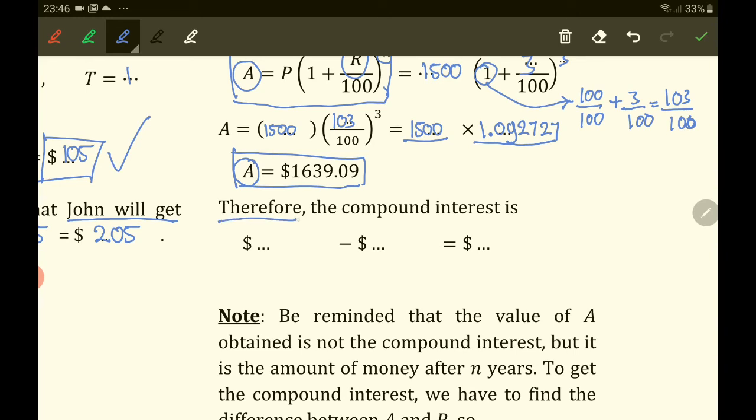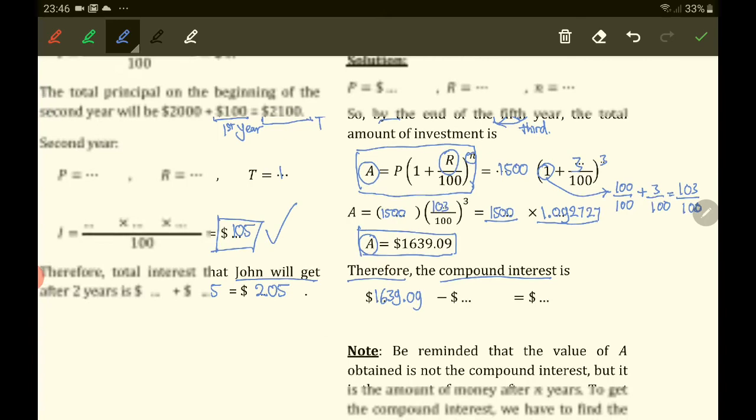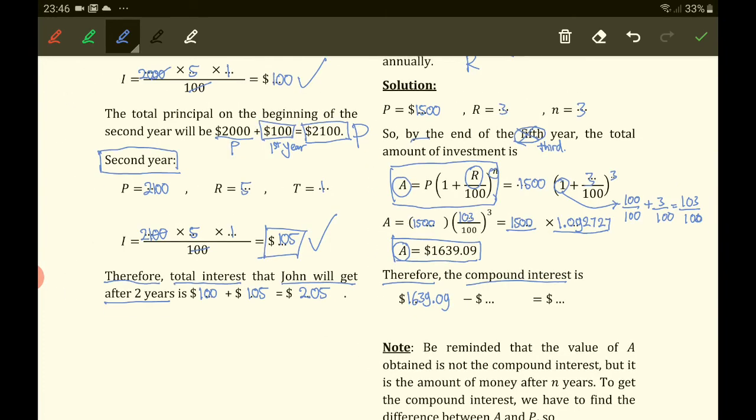Therefore, if you want to find the compound interest, you have to subtract from A, the total money, which is 1,639.09, the principal, the initial money that you have.